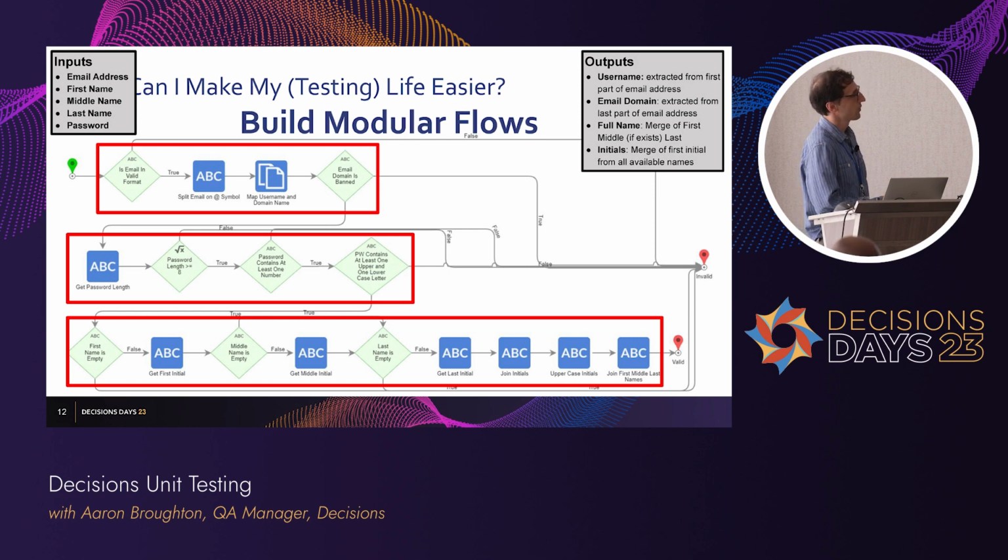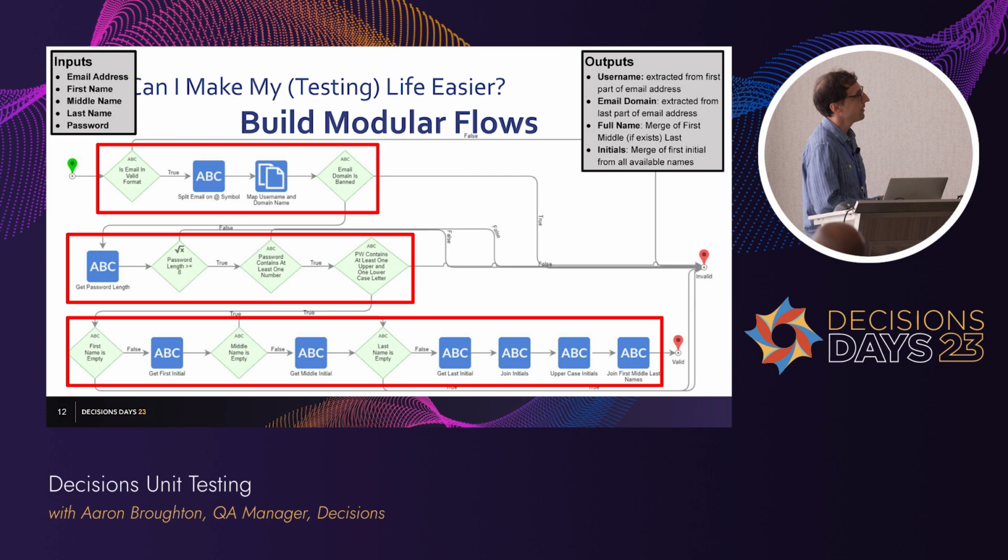Next, we've got this group of steps, which is validating that the password follows the rules that have been defined in the requirements. And then finally, this group of steps, which is looking at the names that were provided, figuring out which ones are available, and using those to merge up the full name and the initials.